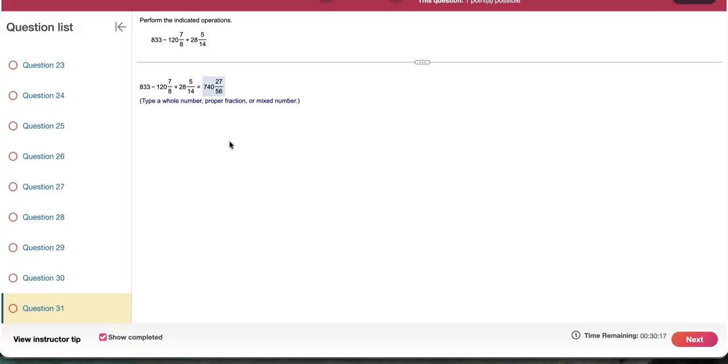All right, so 56 can't go into 38, so we're going to bring down the 4. 56 can go into 384 6 times. So 56 times 6 is 336.